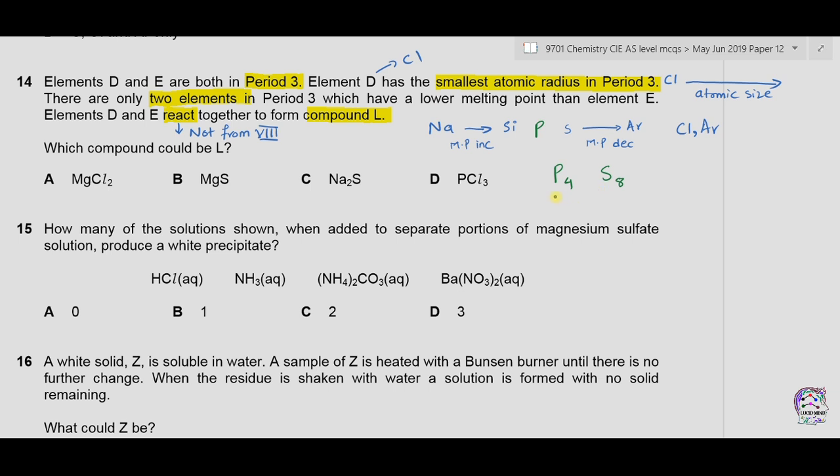So therefore the phosphorus melting point is lower than the melting point of sulfur. So element E could be phosphorus. Now phosphorus and chlorine, D and E, both react together to form a compound called PCl3, phosphorus trichloride. So therefore the answer is D.